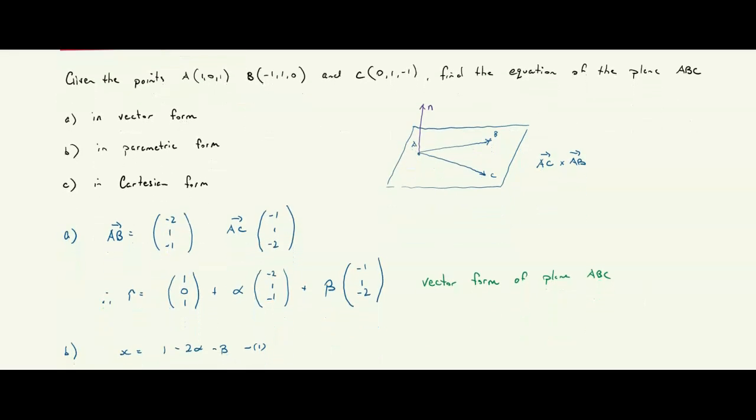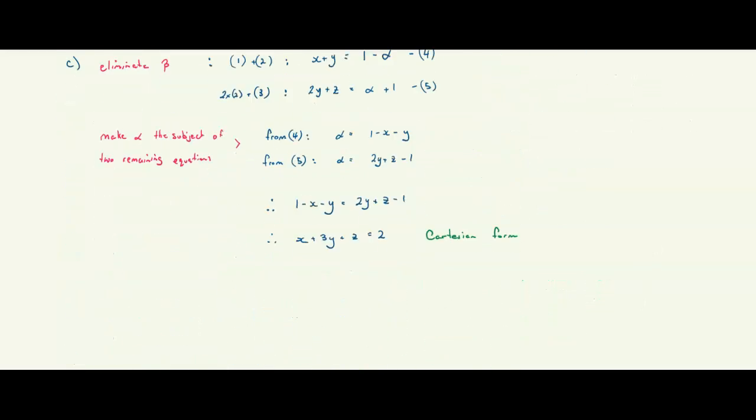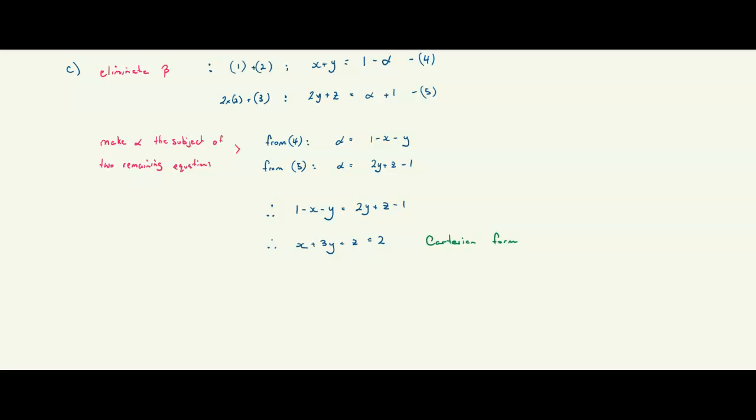Let's just have a look at what you got for AC times AB. All right, I'm going to replicate your results here. So I'm going to say now AC times AB will be a vector perpendicular to the plane.